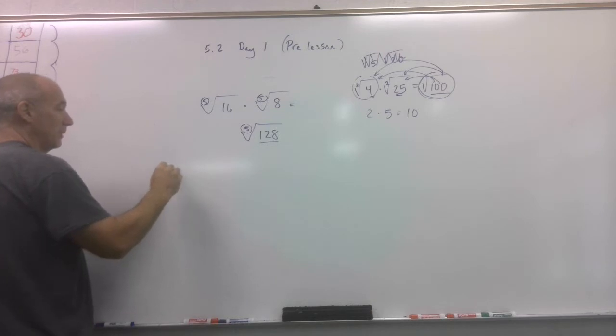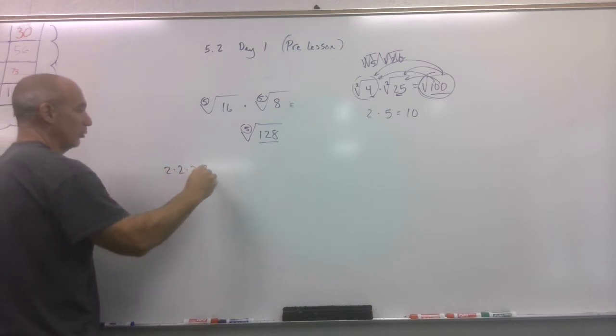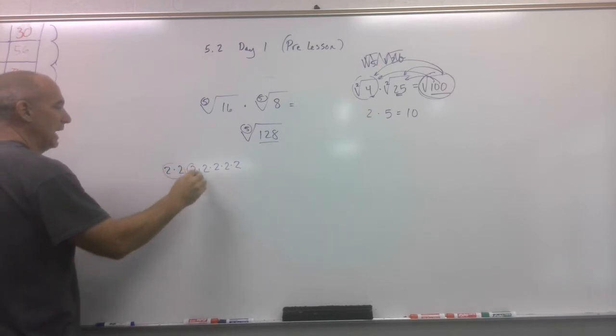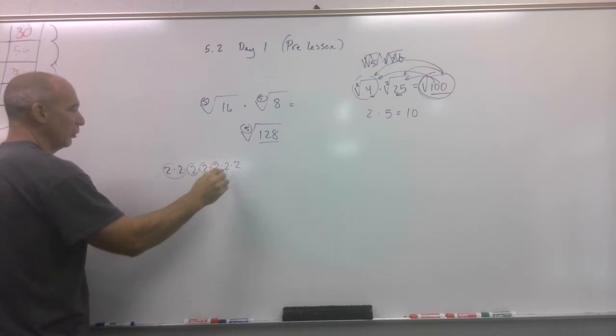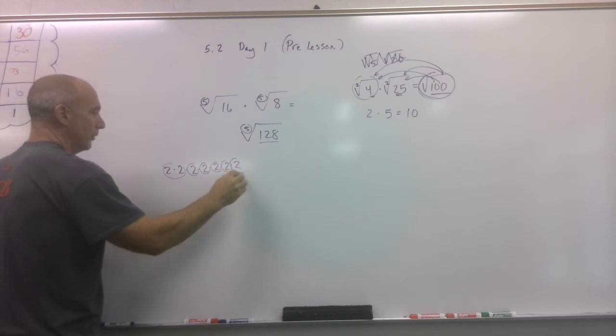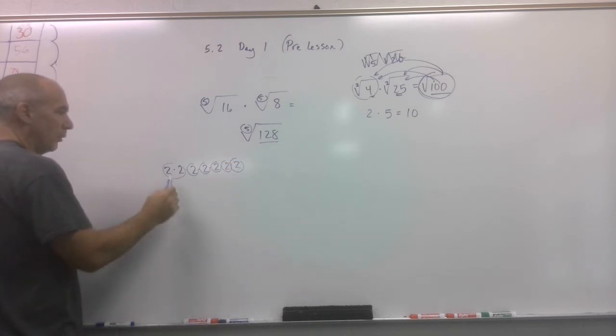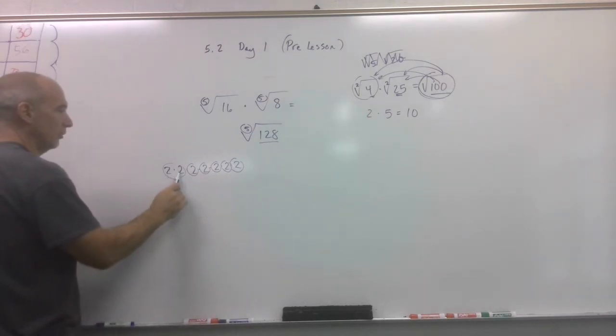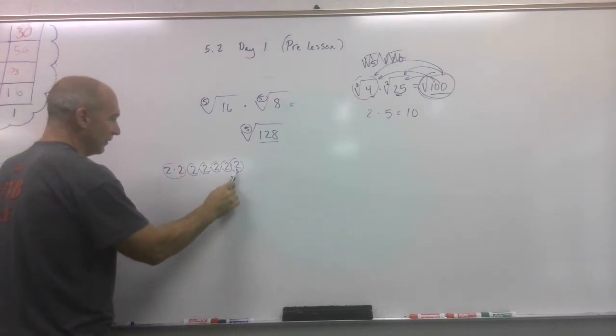If there is, it's probably 2. So let's take a look at the 2's and just stack a whole bunch of them together. That's 4, 8, 16, 32, 64, 128. Well, there's 1, 2, 3, 4, 5, 6, 7 of these.